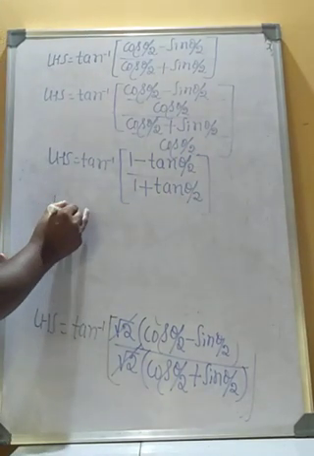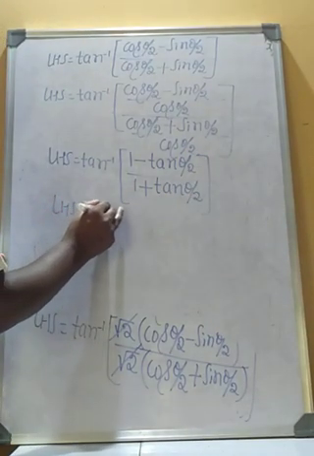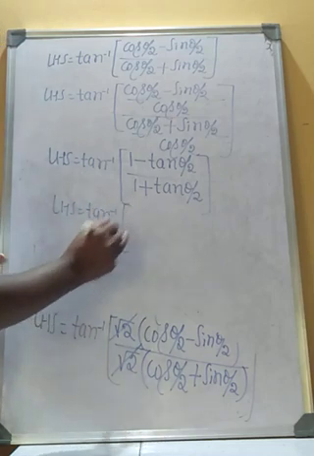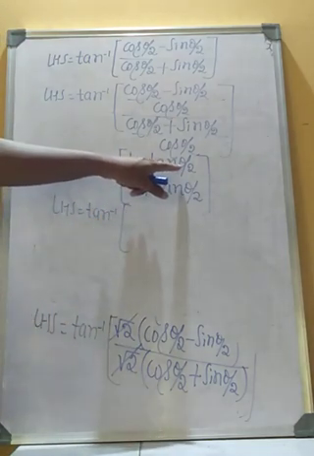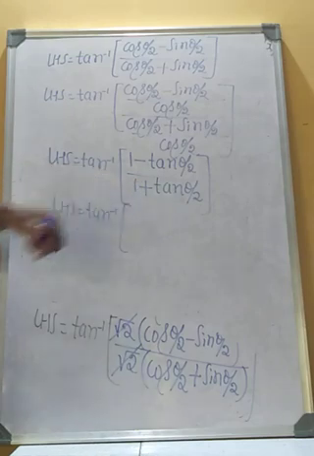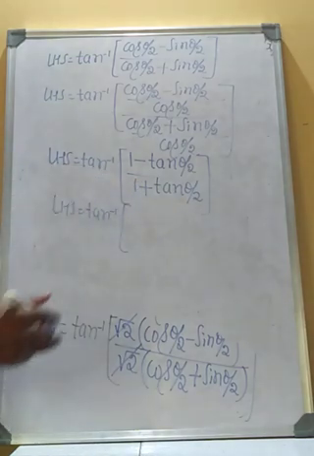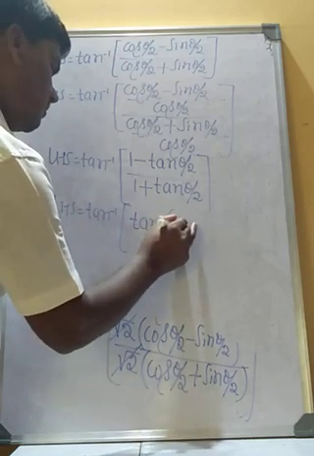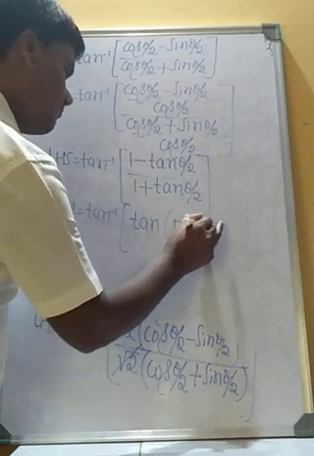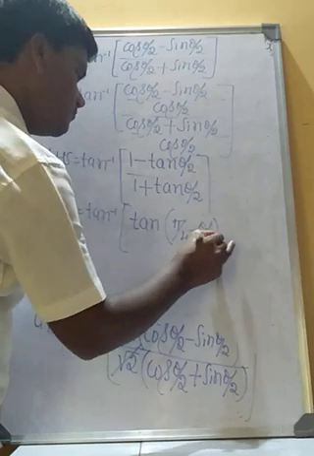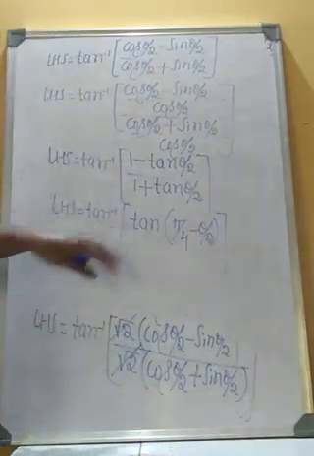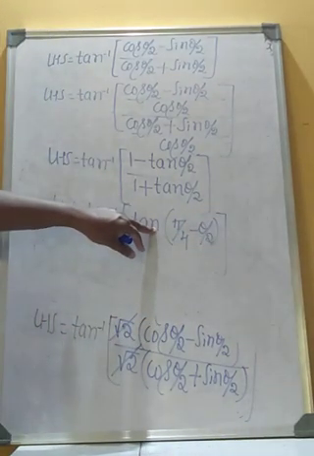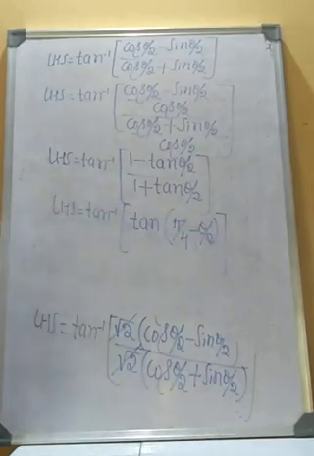Therefore, left hand side is equal to tan inverse of (1 minus tan theta by 2) dividing by (1 plus tan theta by 2), which can be written as tan of (pi by 4 minus theta by 2). What is the form of this? This is the form of tan of (a minus b).